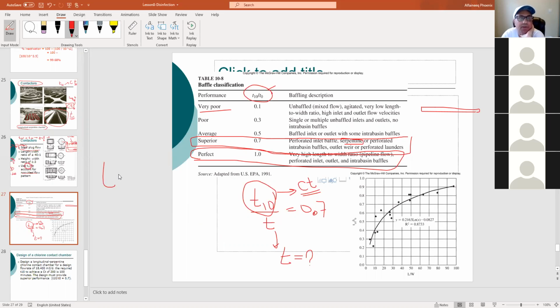T equals T10 divided by 0.7. You need time more than that T10, the detention time, because of short circuiting, right? 10% didn't pass through it. Still there inside. This time is not enough, all right? And the rest of the story, detention time is known, Q is known.